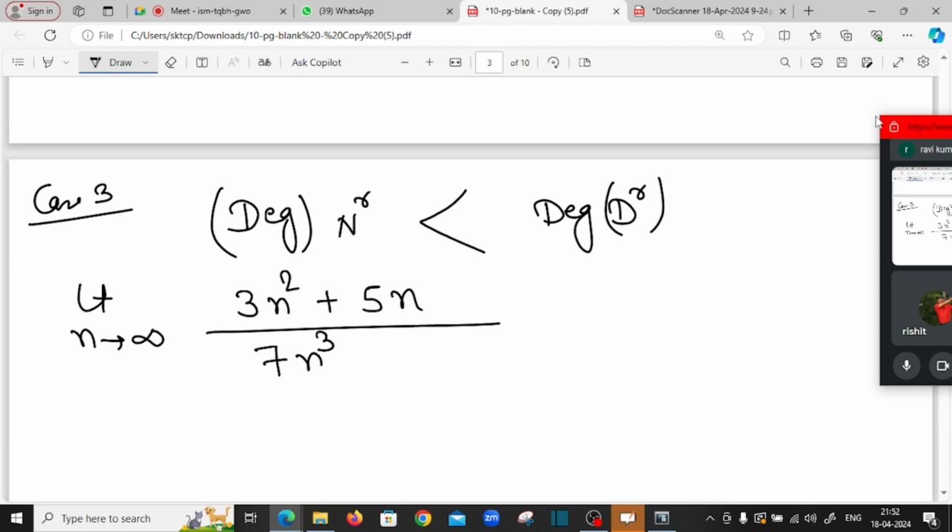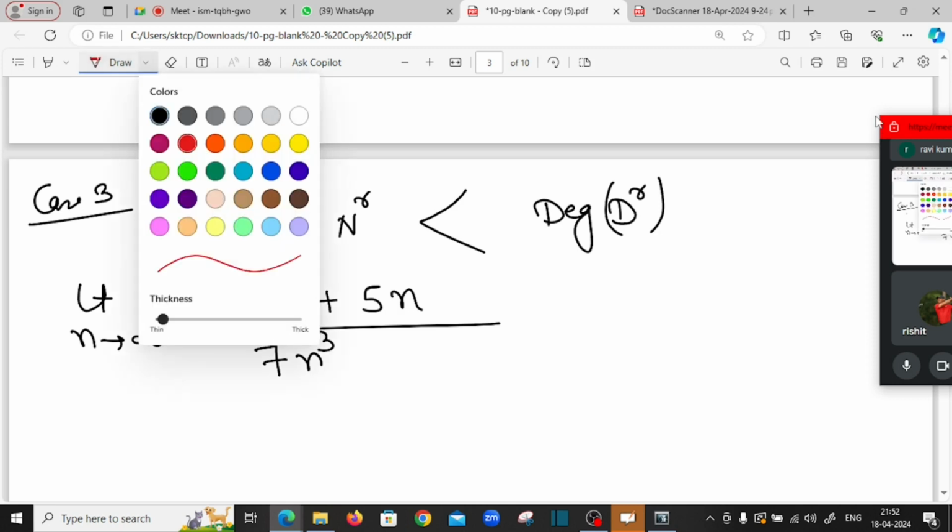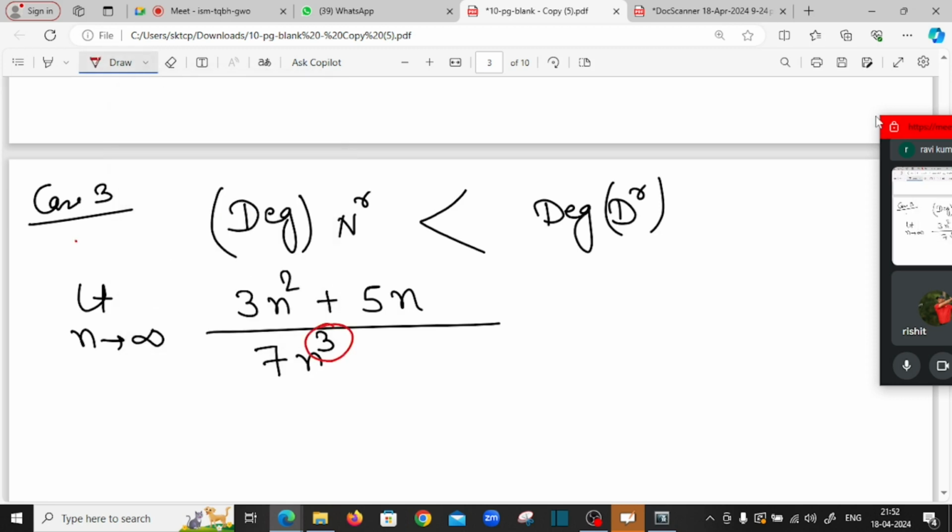Let us suppose this. Can you observe that the degree of denominator is greater than the degree of numerator? So in this case your answer will be 0 for sure. Let us see how. The steps will be the same.